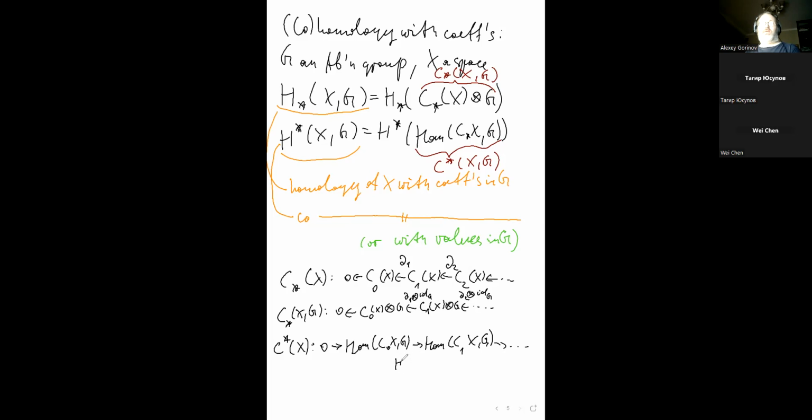So here we will have Hom D naught G, and here we will have Hom D1 G, and so on.